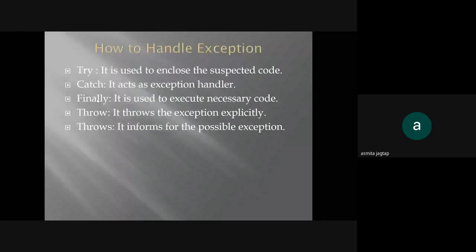Finally means, though your program stops executing, if you want a special message or want to close some resources, you can write all these things inside your finally block, and that code will necessarily be executed. Catch means if any exception is found, it will be caught inside the catch block. Try is where your logic is present.